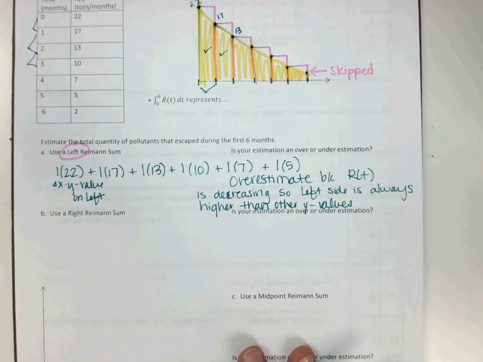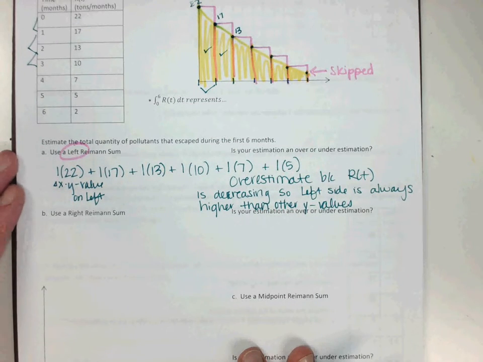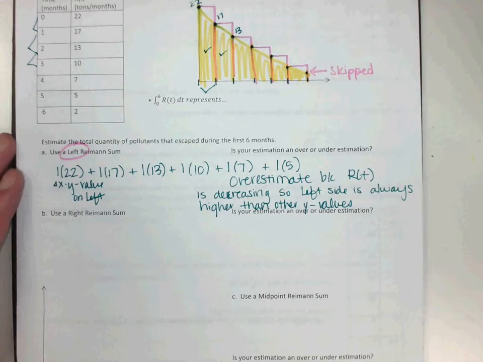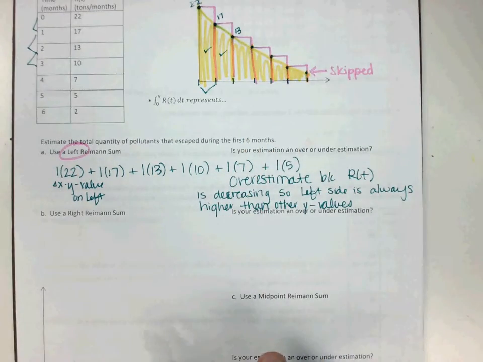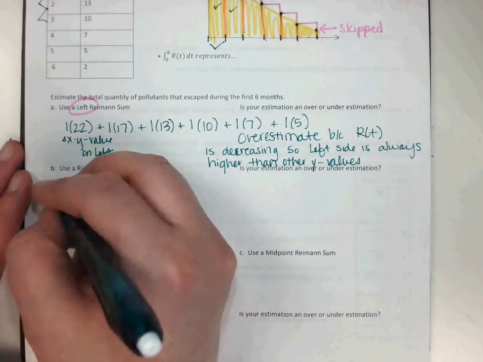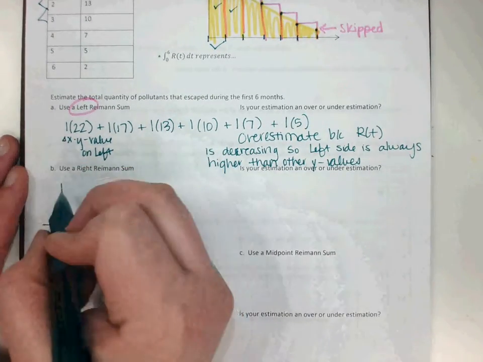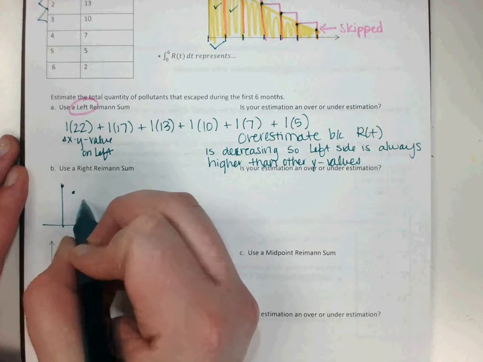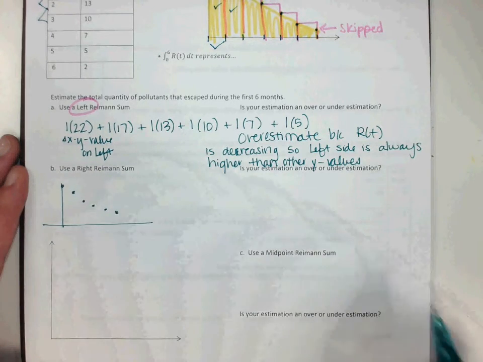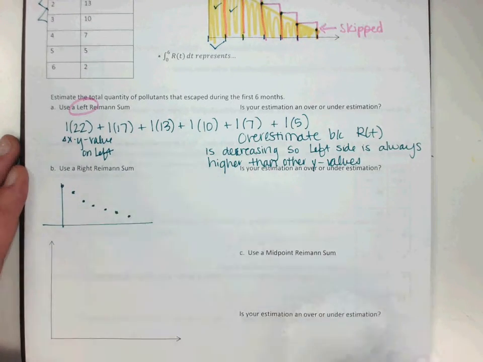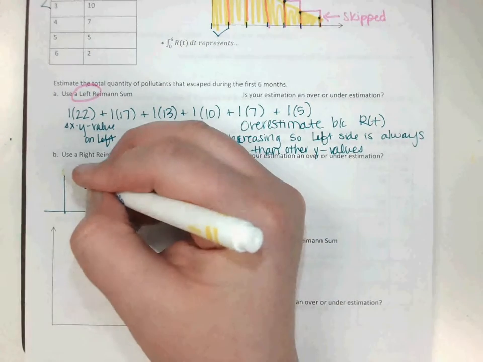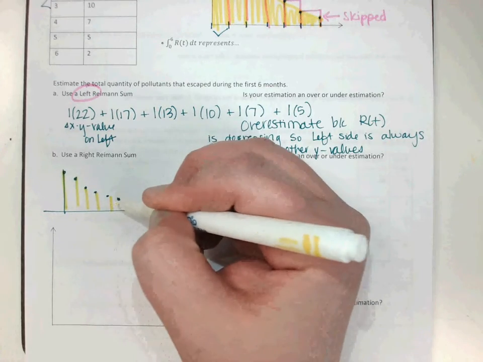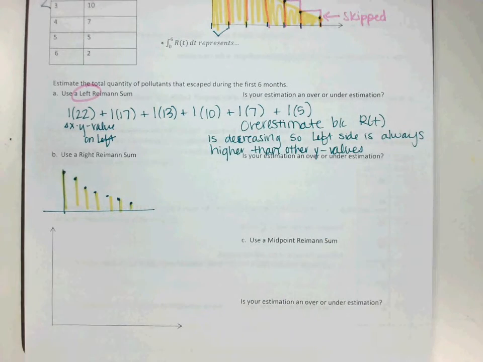Okay, now for the right Riemann sum, I'm going to re-sketch the picture. If you want to draw on your same picture, I don't care, but I think it might look confusing if you do that. So, right Riemann sum. We have 1, 2, 3, 4, 5, 6. Split your graph up into pieces. And now I'm using which side? A right side.